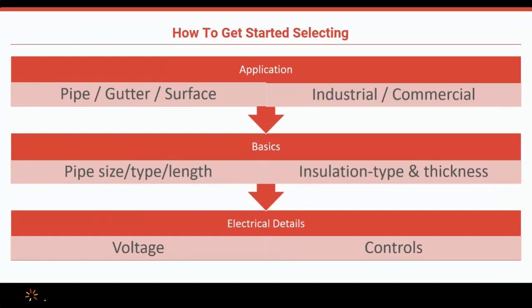Next, really just the basics. I've talked about a lot of these already. The pipe size, the pipe type. And what I mean by type is if you have a stainless steel pipe versus a PVC pipe, that self-regulating heat trace will actually act differently on that type of pipe. And thermally, it doesn't promote the heat trace to increase its output as well if it's on a PVC pipe.